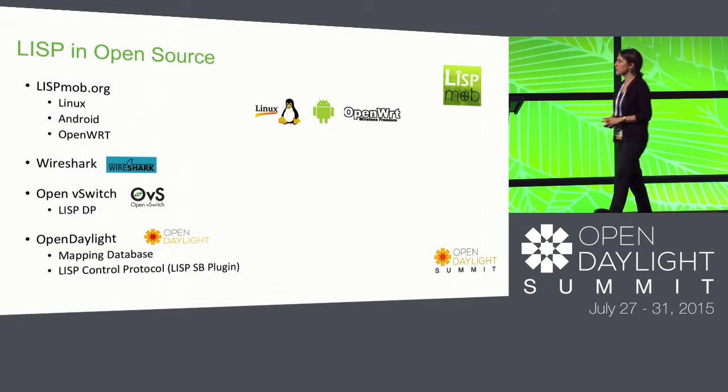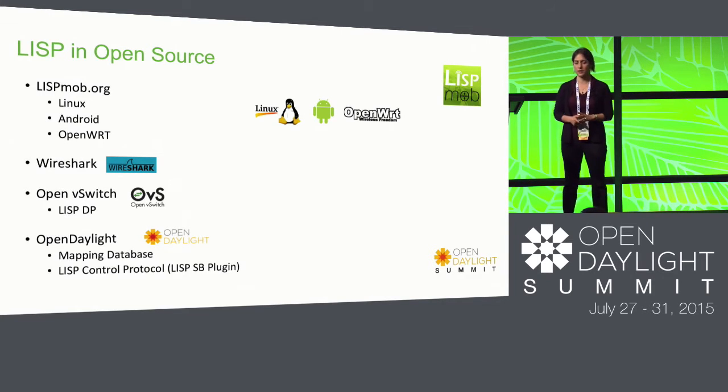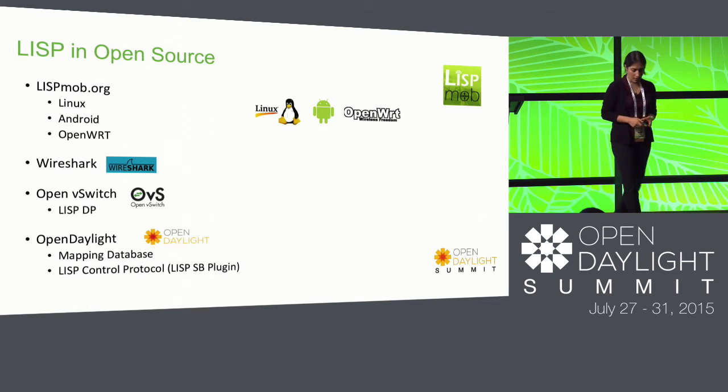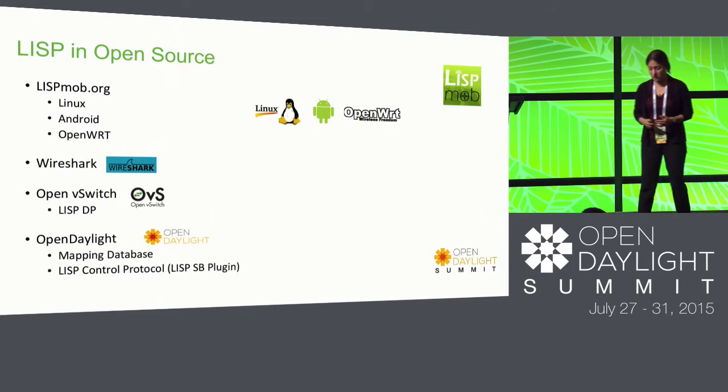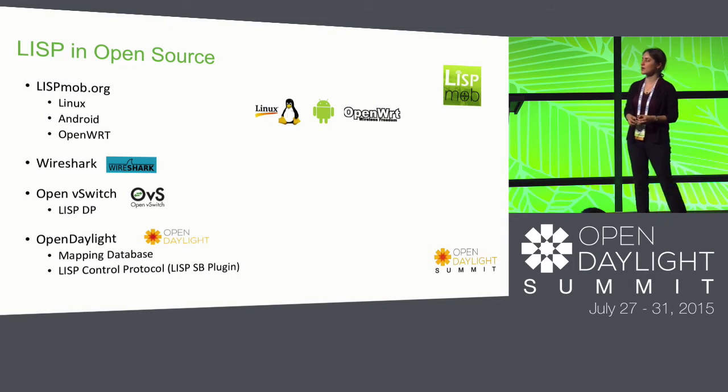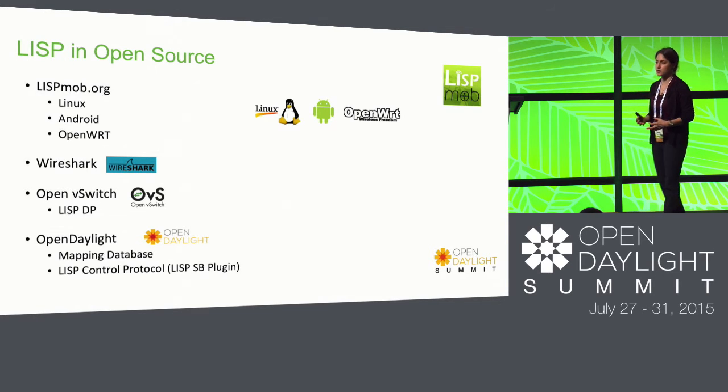Okay. So that was the quick overview of what we have in our Lithium release. Now, LISP in open source. We have a lot of availability there. The main place to refer to is lispmob.org. That is an open source implementation of LISP tunnel routers.